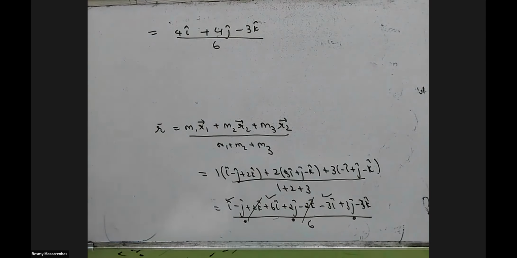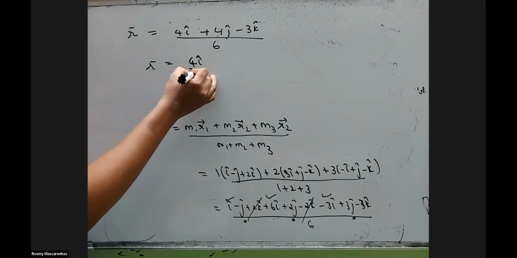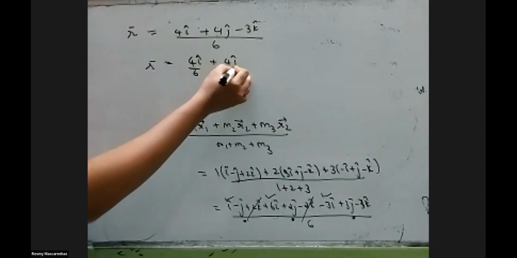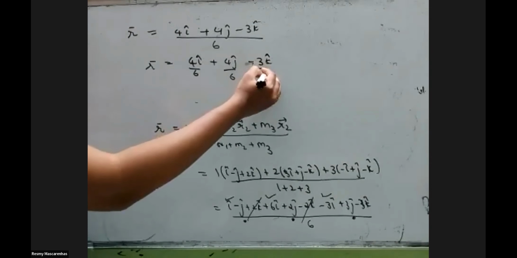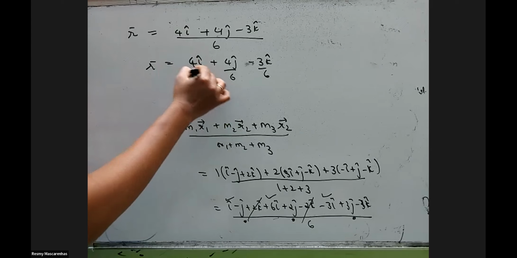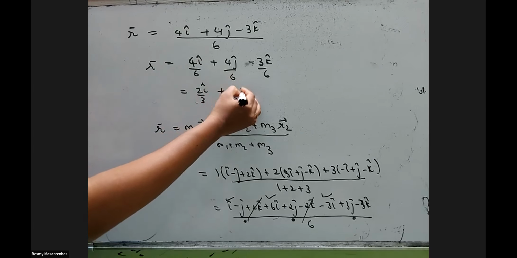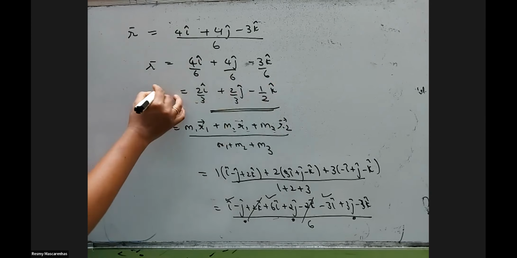You can either leave your answer like this only, or you can simplify. You can distribute this. 2 by 3 I cap after cancelling, 2 by 3 J cap minus 1 by 2 K. This is the R bar.